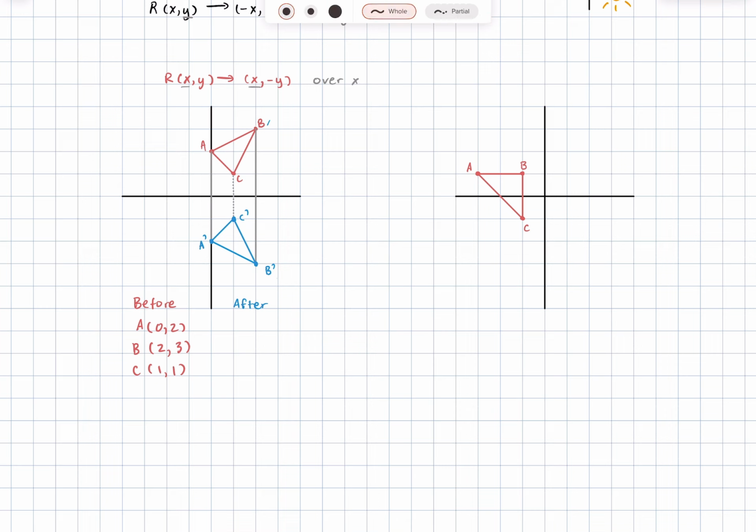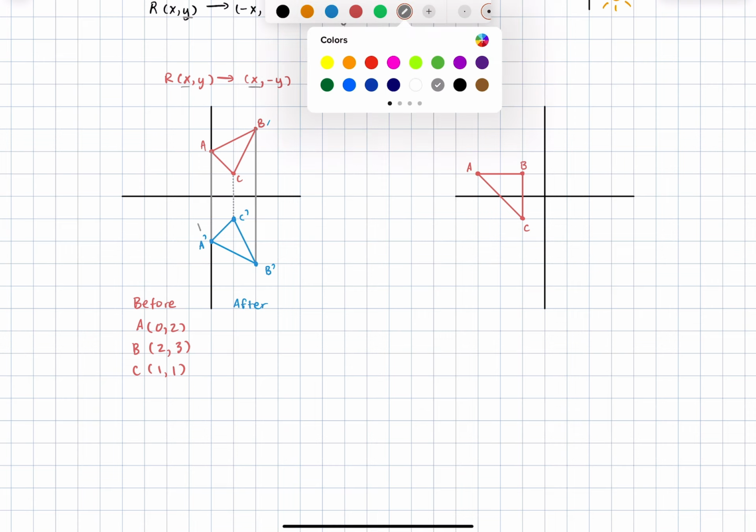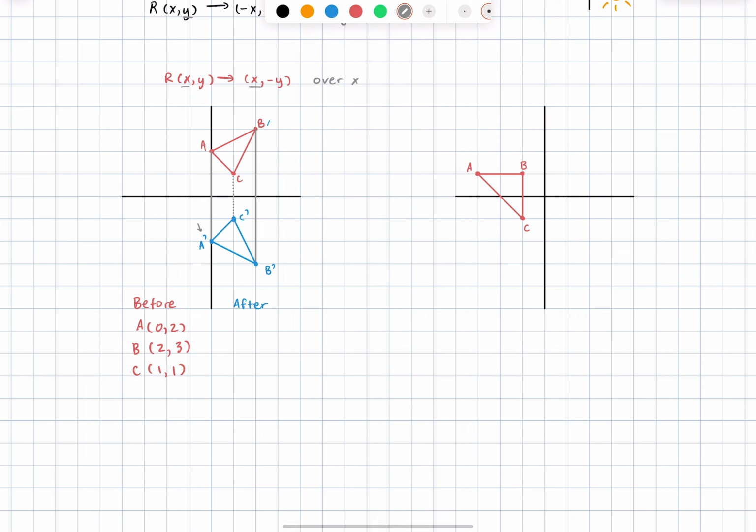And also don't forget your prime notation for the after. You want to make sure that you realize the apostrophes represent the after. Again, we can put down our points A prime, which is 0, -2, B prime, which is 2, -3, and C prime, which is 1, -1.